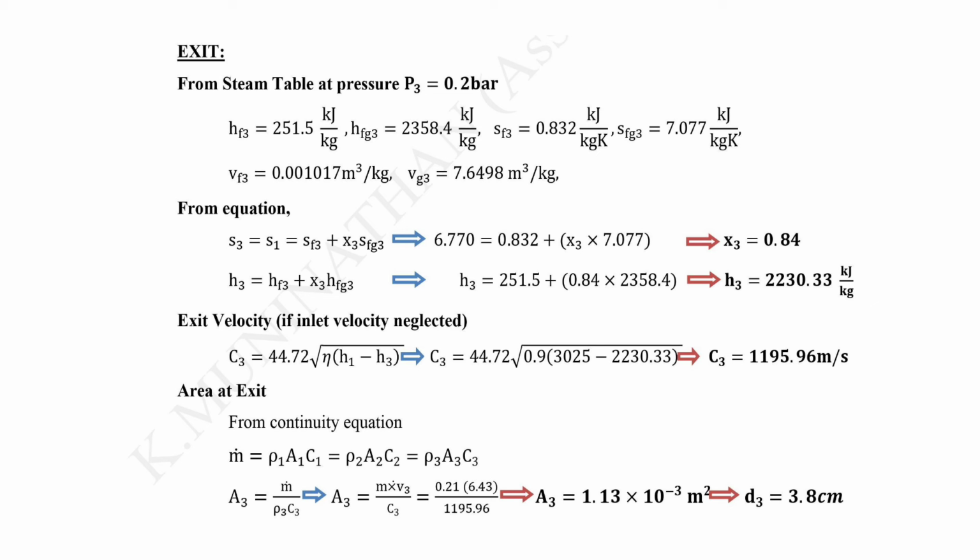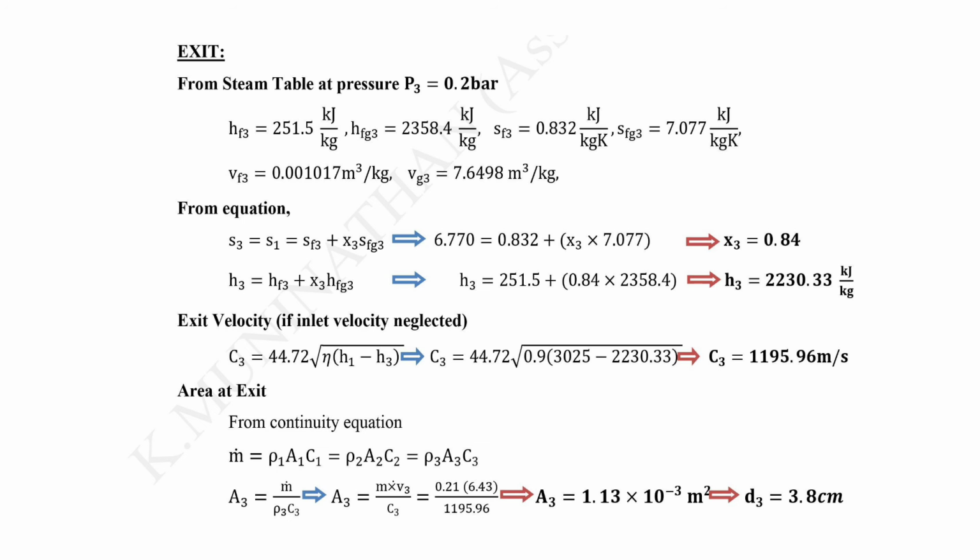From the entropy equation, S3 is equal to S1, so we can write SF3 plus X3 SFG3, and the enthalpy H3 we can write as HF3 plus X3 HFG3. From that we can calculate the H3 value.